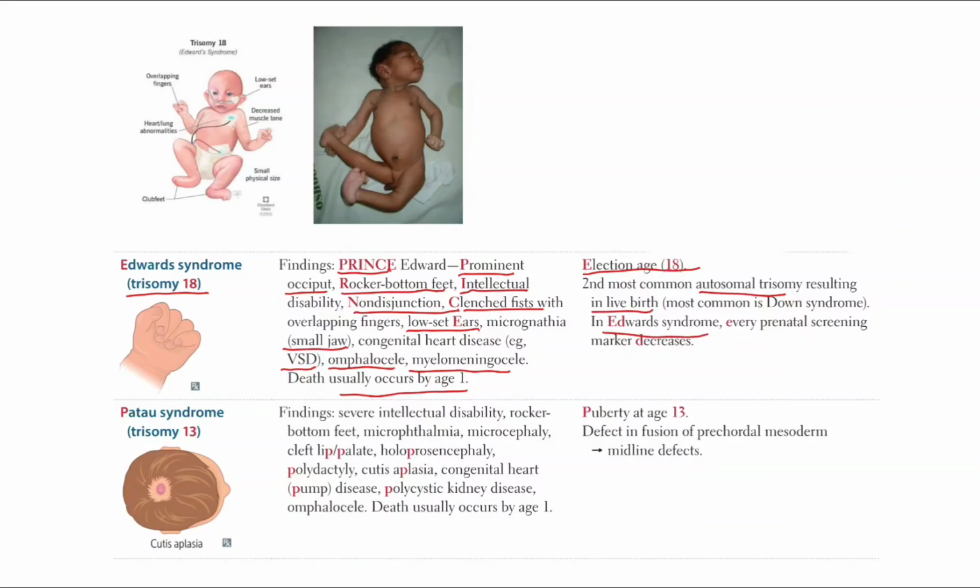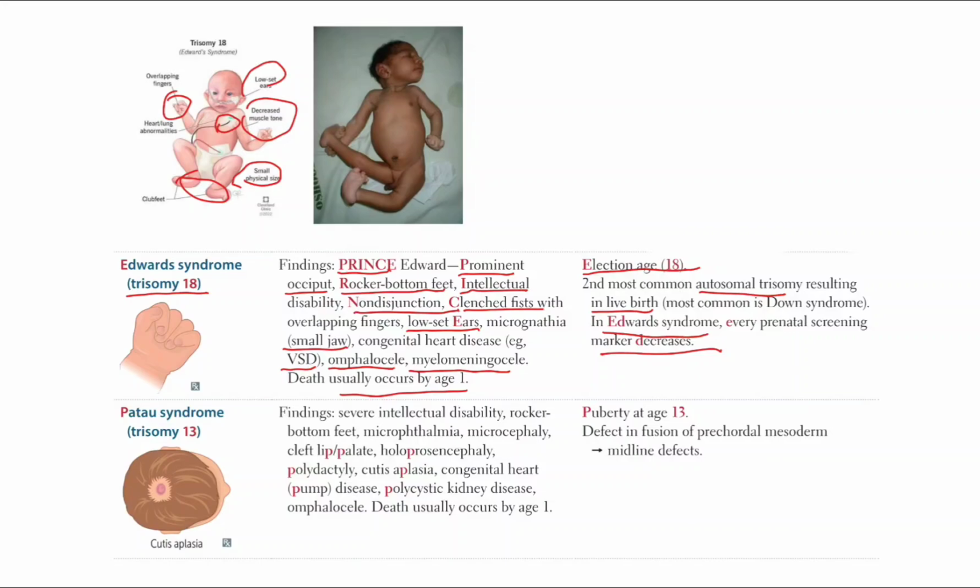In Edwards syndrome, every prenatal screening marker decreases. So this child has Edwards syndrome: overlapping fingers, heart and lung abnormalities, club foot, small physical size, decreased muscle tone, low set ears.